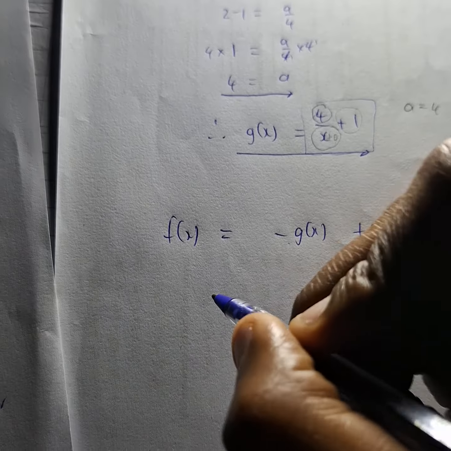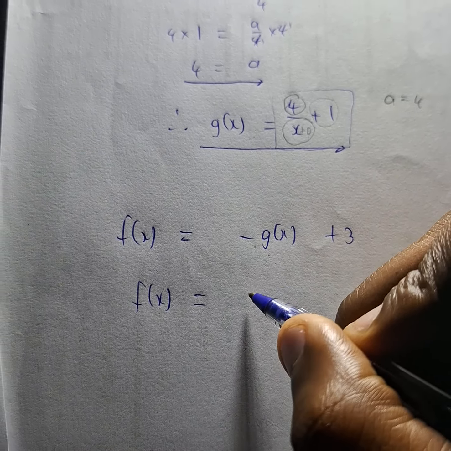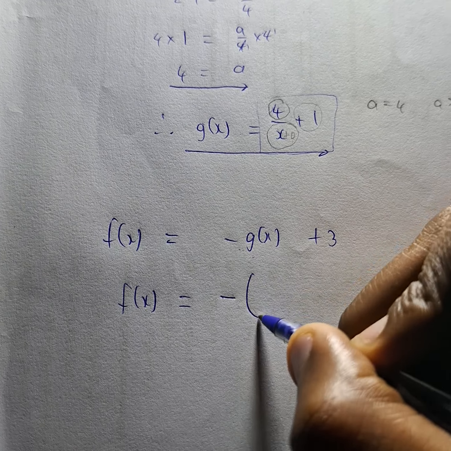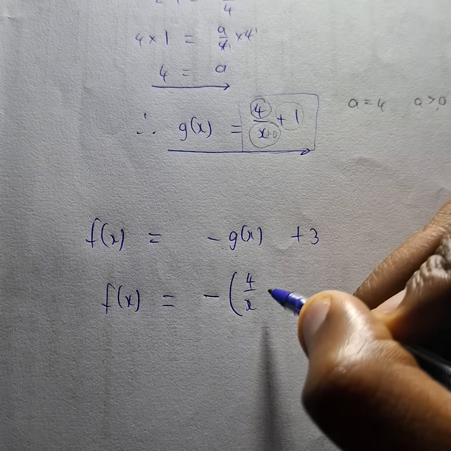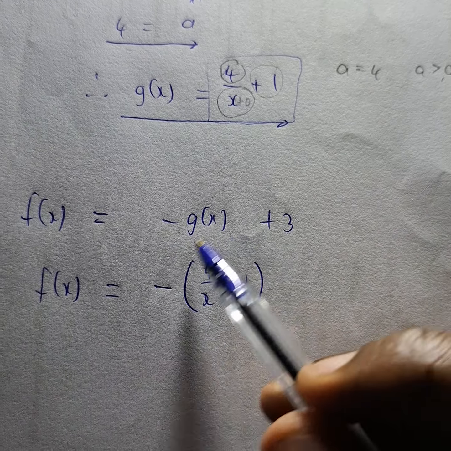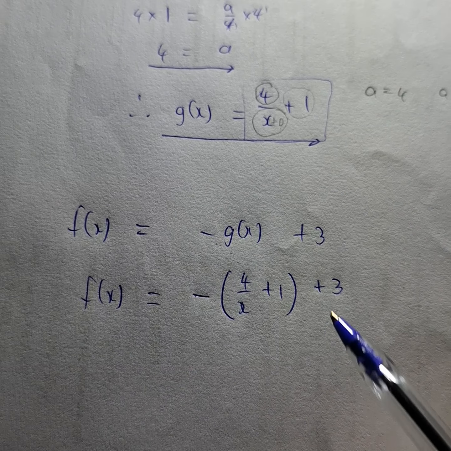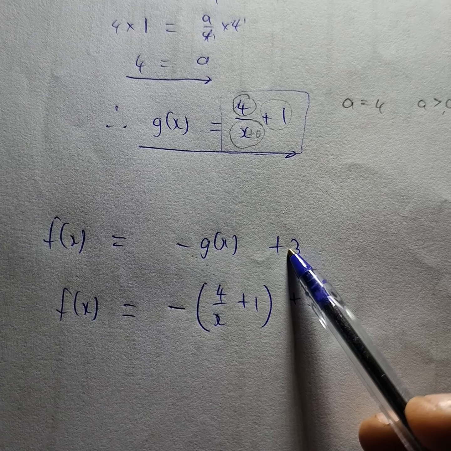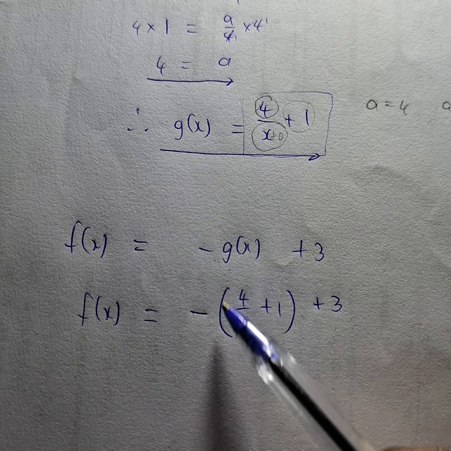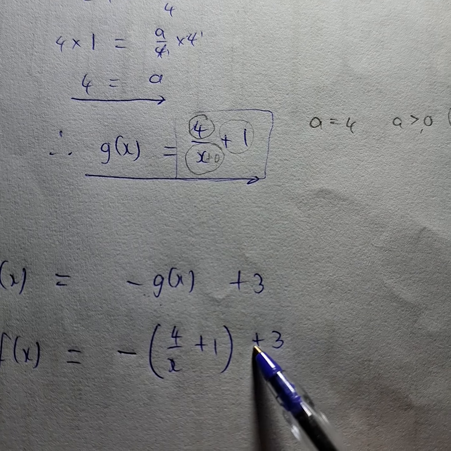and we need to actually say f of x is equal to, remember, the negative sign means there's a reflection. So let's say 4 over x plus 1, because that's negative of all of that, plus 3. So g of x is this 4 over x plus 1, and then we need to add 3.